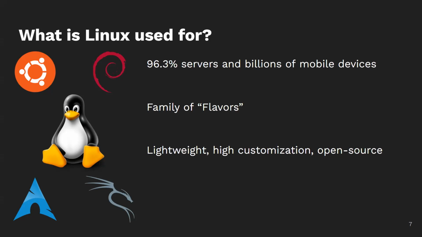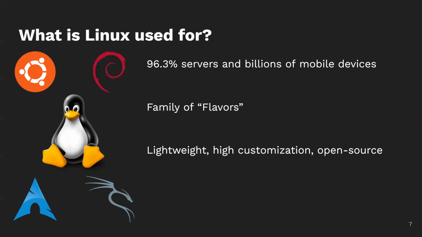And obviously, all of these different devices aren't using the same exact quote unquote Linux distribution. When we say, oh, I run Linux, or so-and-so is running Linux, they're describing the family of flavors of Linux. And flavor is just a term to describe a particular operating system that incorporates the Linux kernel.